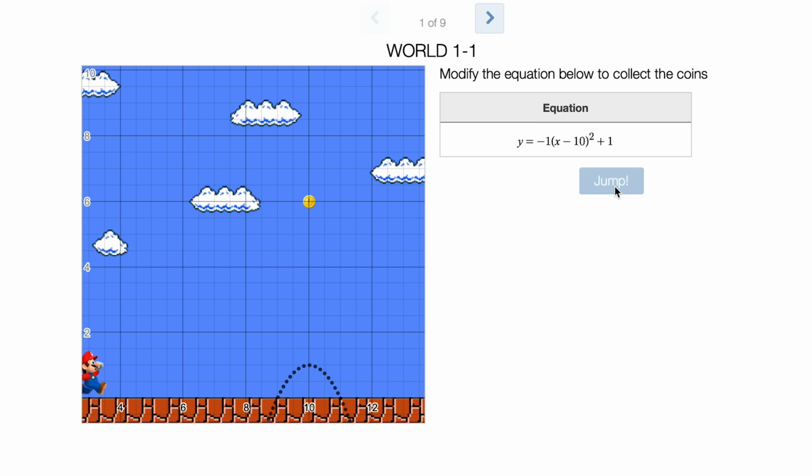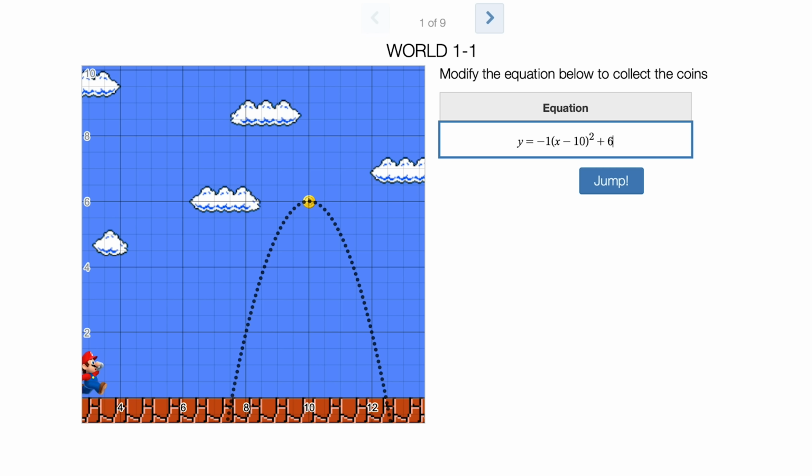All right, so let's reset and think about this a bit more. I want this parabola to go up a little bit higher. And as you can see, its vertex is already at 1. So I need that to be at 6. Oh, look. All we need to do, of course, is add a number. So let me, instead of adding 1, add 6. Piece of cake. So I don't want to make Mario jump just yet.